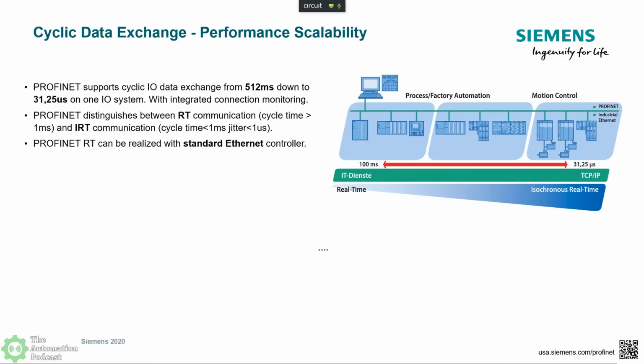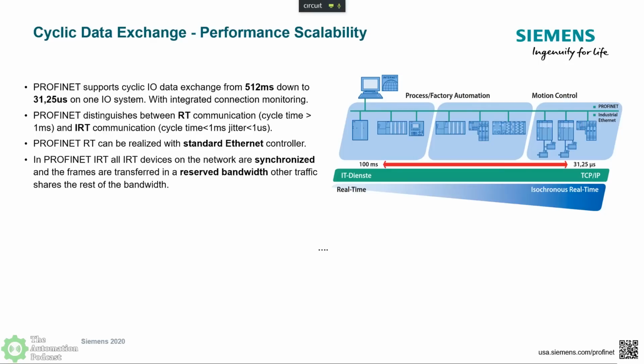PROFINET real-time can be realized with any standard Ethernet controller. If you want to create your own device and you want to support PROFINET real-time, you can do it with a standard Ethernet controller. But with PROFINET IRT, you need specific hardware, a specific ASIC, to create your PROFINET device.